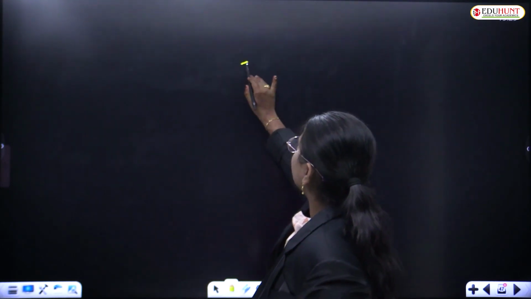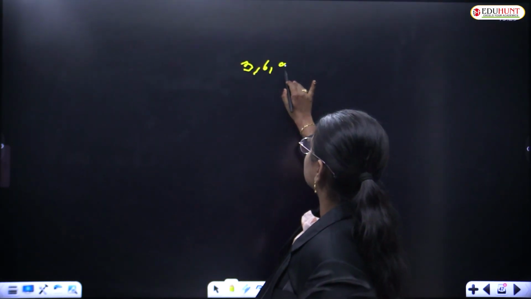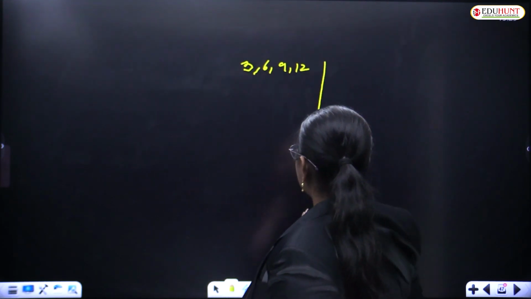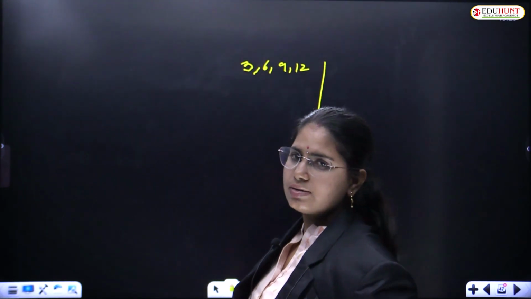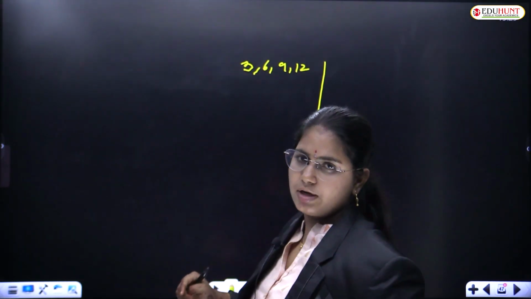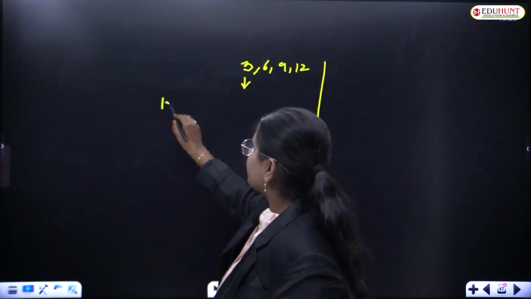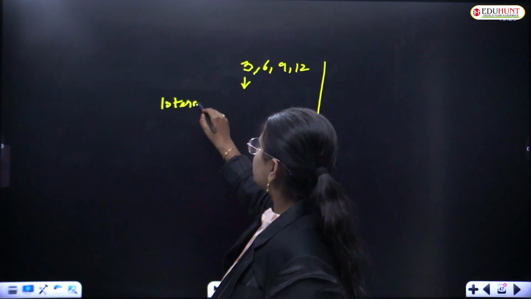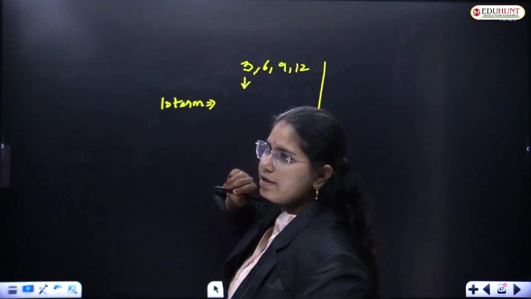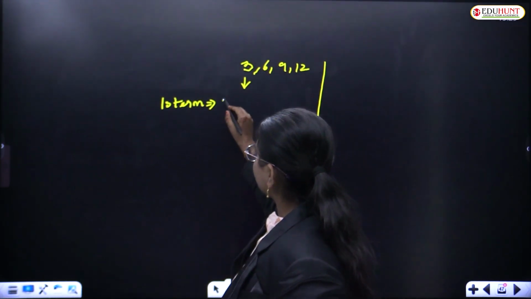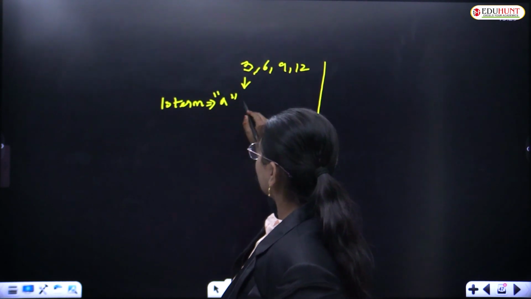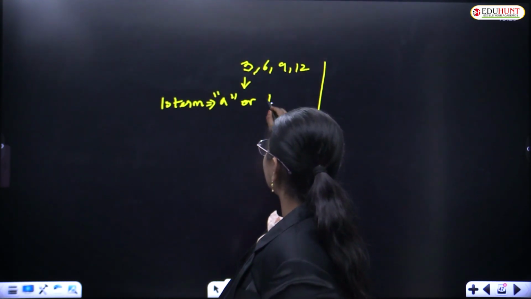For example, let me take 3, 6, 9, 12. This is a finite sequence because you can count the number of terms. The first term is always represented with a small a, or equal to T1.